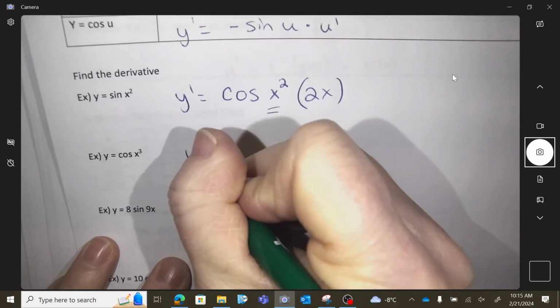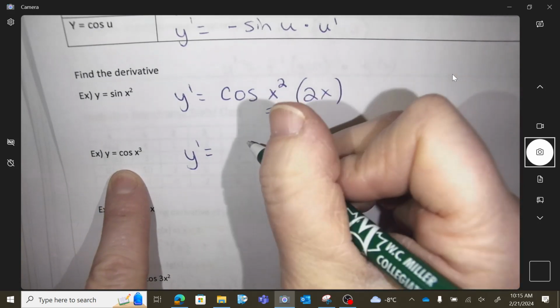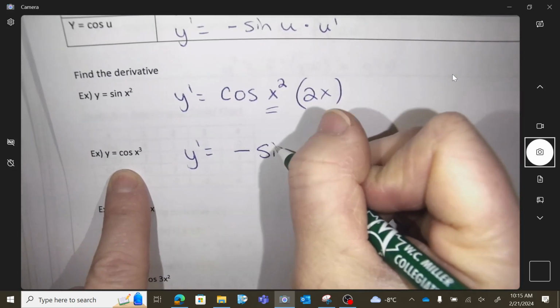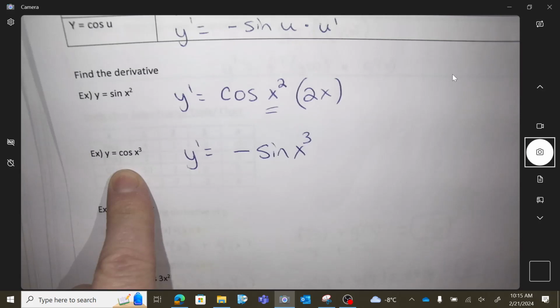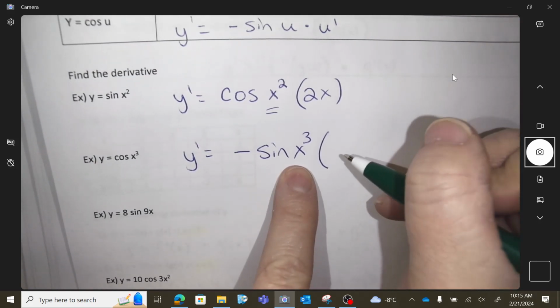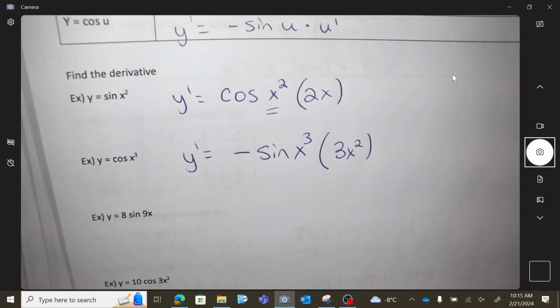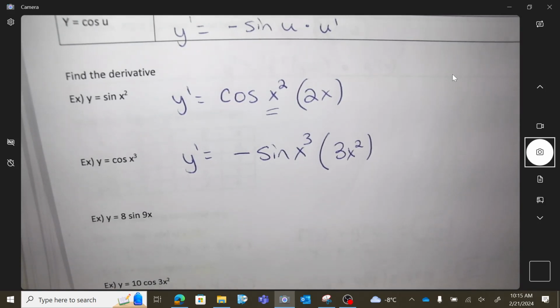Number 2, if you have a cos function, the derivative would be a negative sine of the function times the attached unit, 3x squared. Does that make sense?